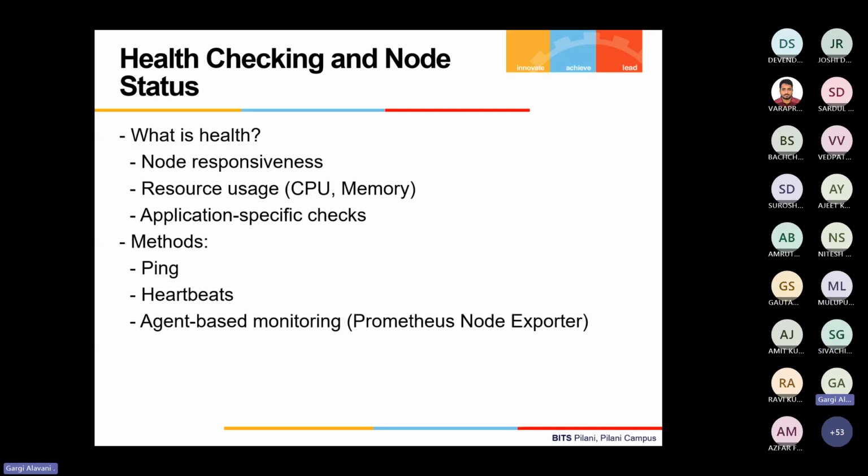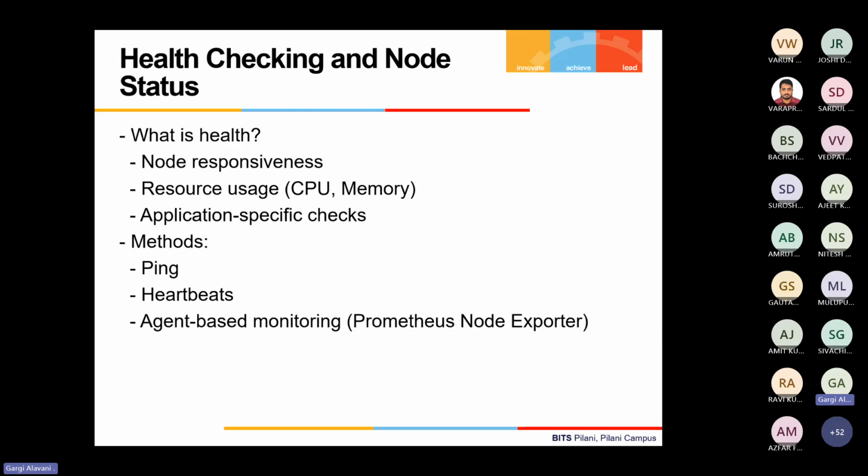When we say a node is healthy, we generally mean it is responsive, using an acceptable level of resources like CPU and memory, and its application logic is also running as expected. We are getting the results that we need to monitor if a node is active and healthy.